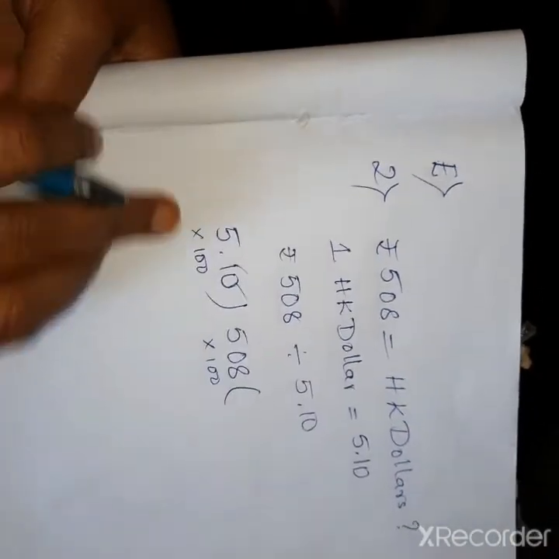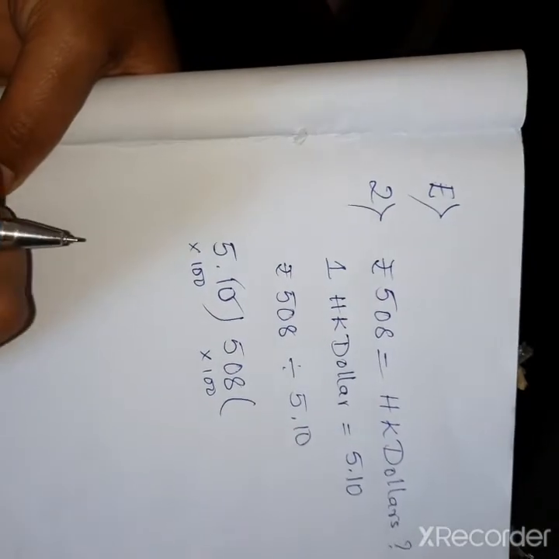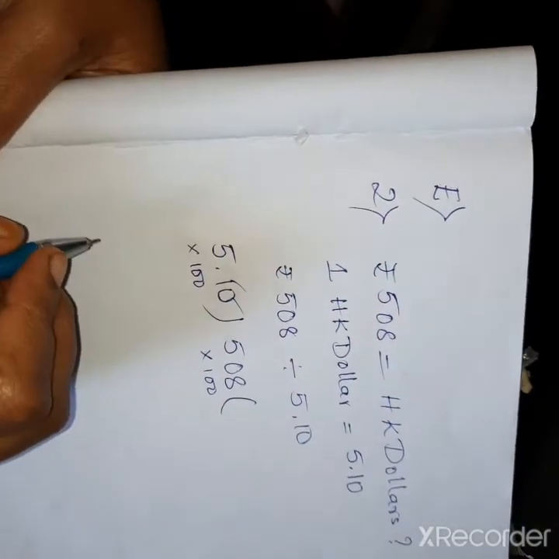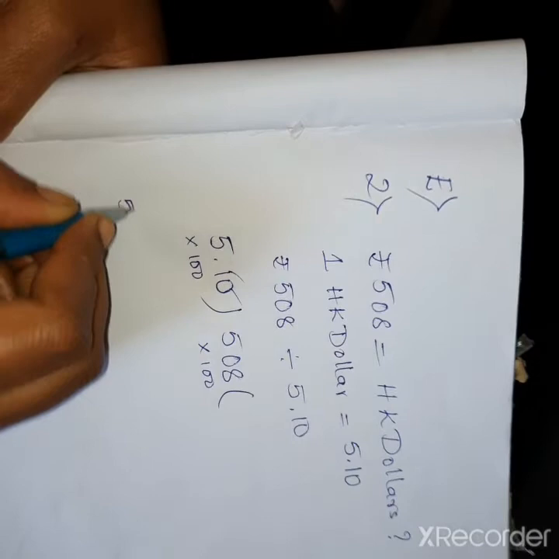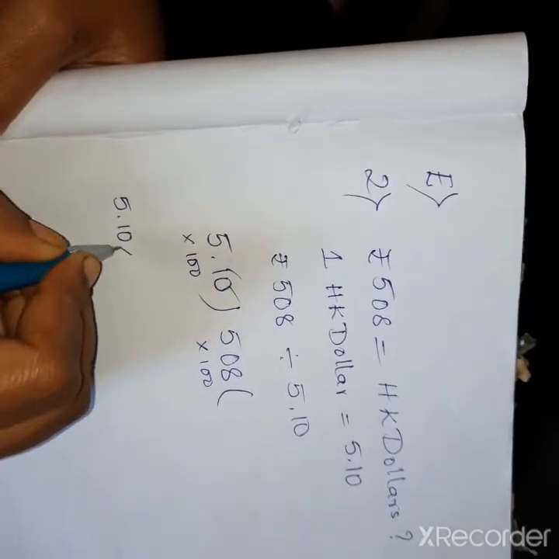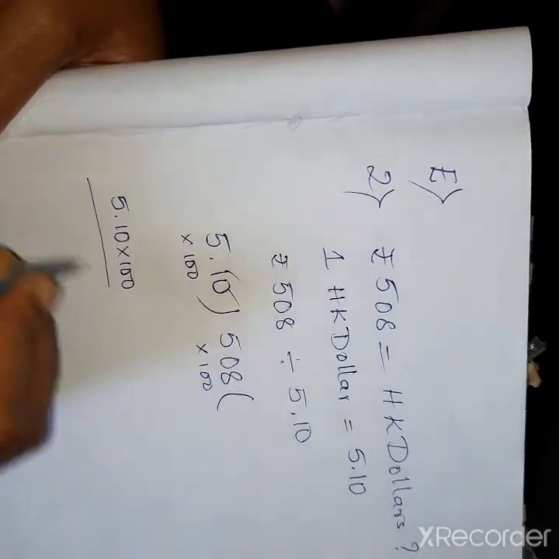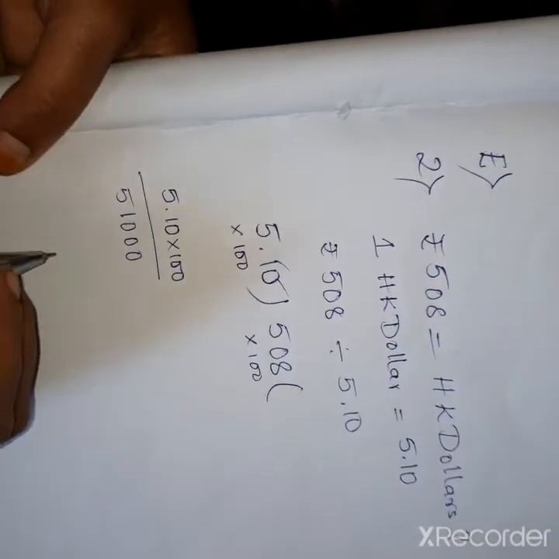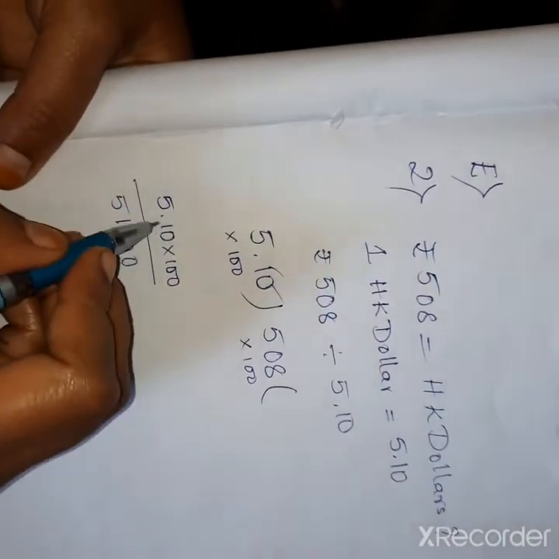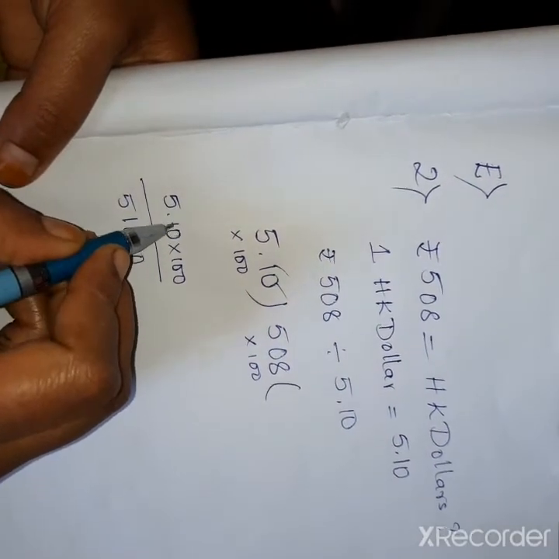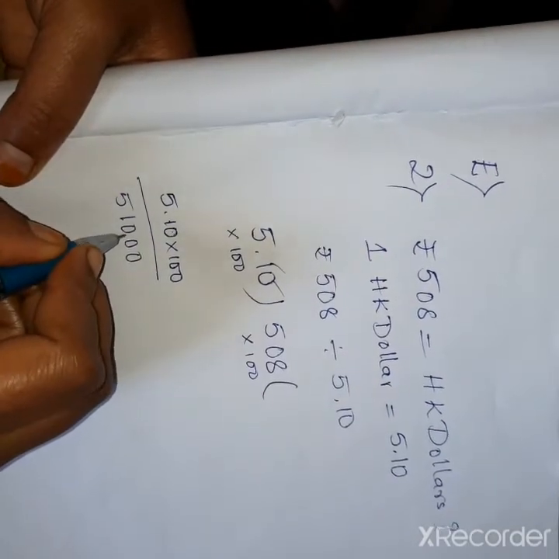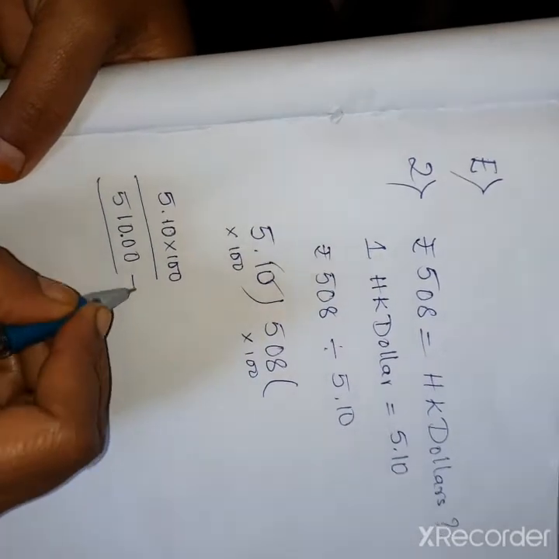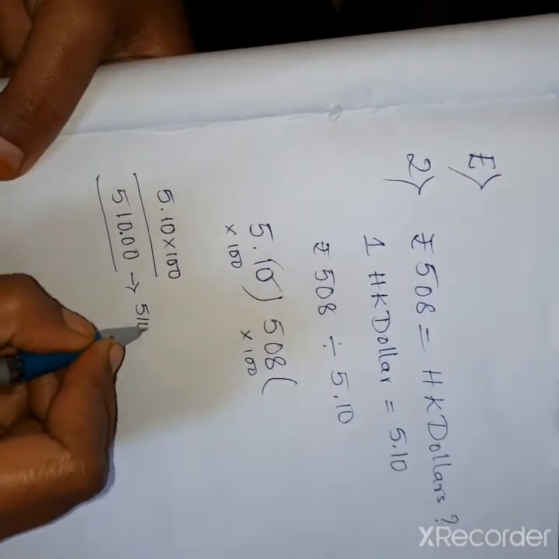Okay, so what we will get here, we have to multiply 5.10 into 100. We will get this answer, and we have to place the decimal now. As you can see, there are two decimal places. We will put it here. So what is the answer we got? 510.